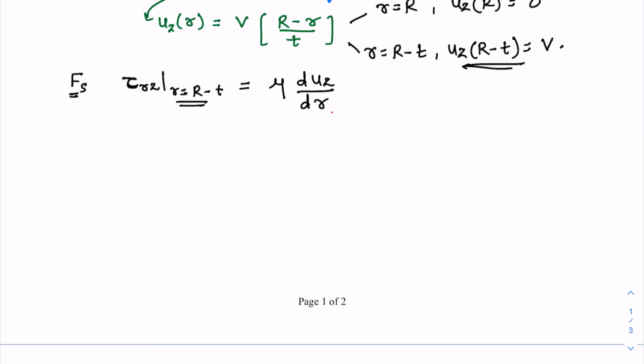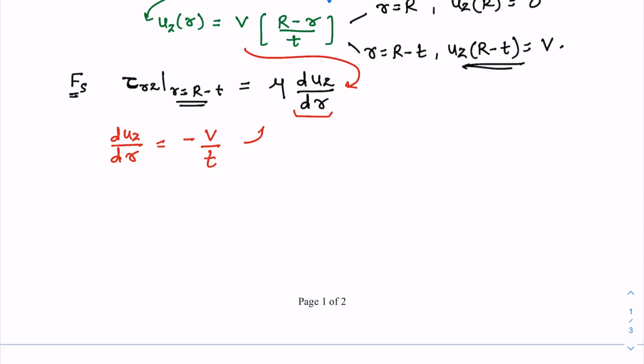So we can find out the gradient of velocity by using the above linear profile. And if you do that, du z by dr is nothing but minus V by t.